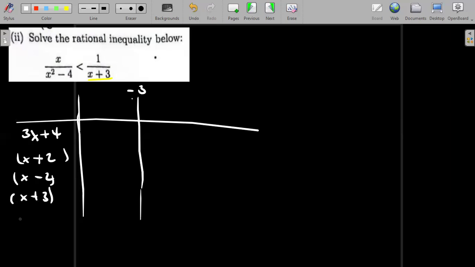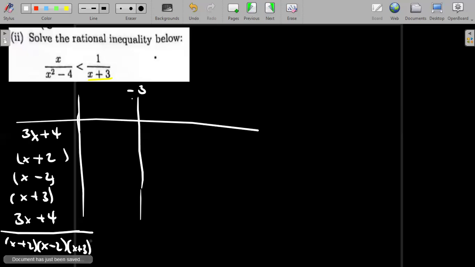Then, of course, that expression 3x plus 4 divided by those linear factors, which is x plus 2, x minus 2, and then x plus 3, like this.